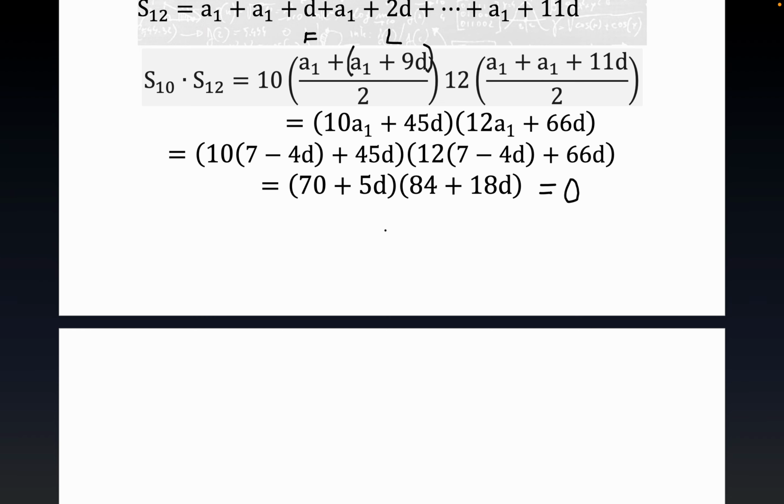So what we get right here is d is equal to negative 14. And then right here, d ends up being equal to minus 84 over 18, and I think that reduces to minus 14 over 3.